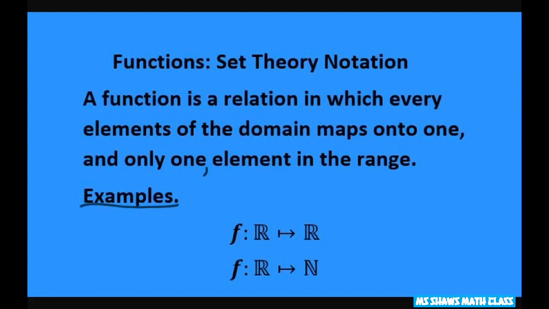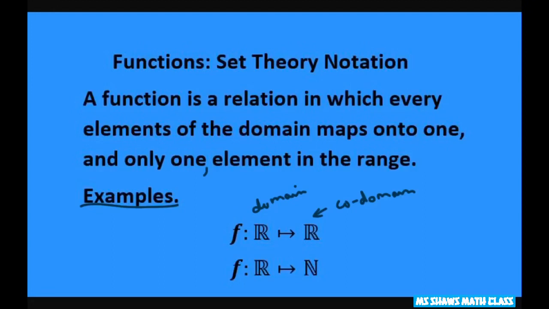Before we start, when you see this kind of notation, this basically means R is the domain, and this R is the codomain. Not necessarily the range, but just the codomain.